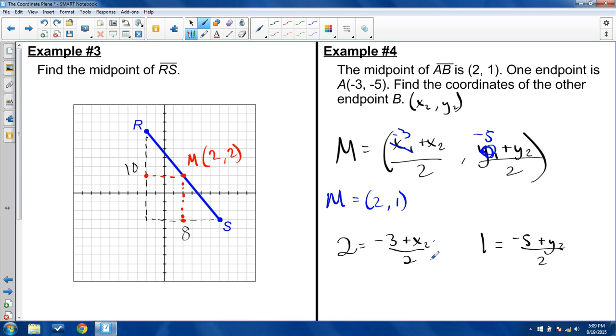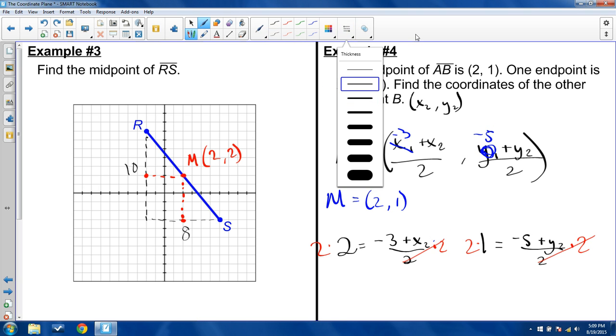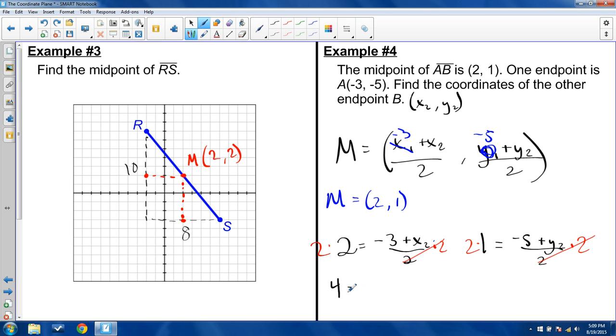If you multiply both sides by 2 in both equations, you will have eliminated your issue with the fraction. Multiply by 2, multiply by 2. So the 2's are gone. Now on the left side for x's, you have 4 equals -3 plus x2.